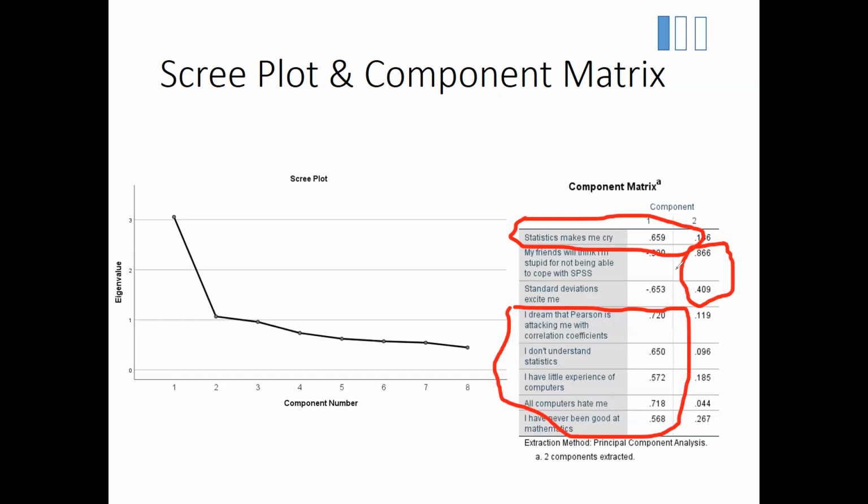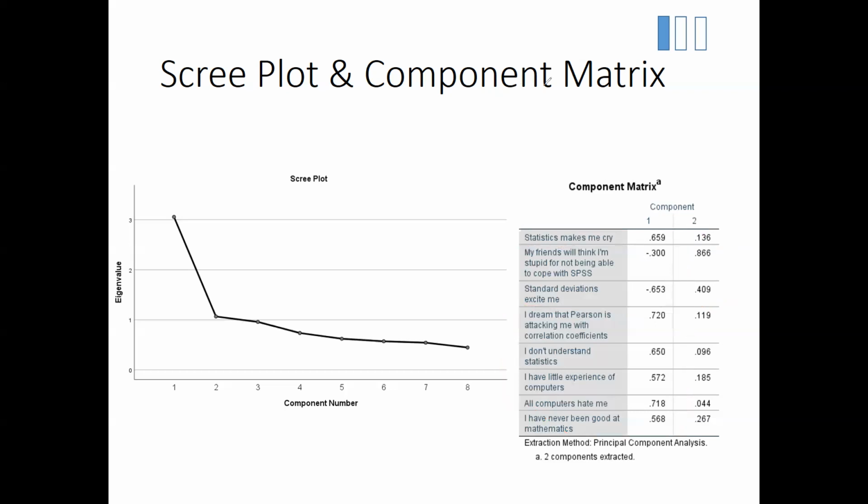Ish. And I heard you say variance, but I think you meant eigenvalues. Yes, definitely, which is the measure of variance between items. So these vary together. People who strongly agree with the statement 'statistics makes me cry' are also very likely to say that they dream of being attacked or they don't understand statistics.